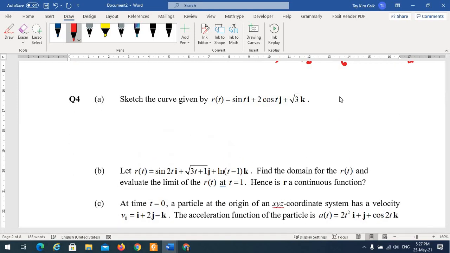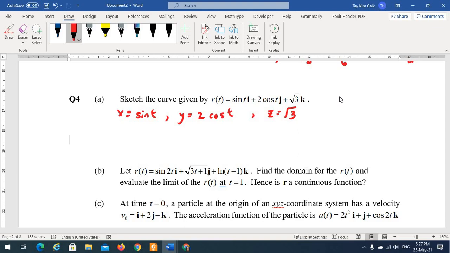To sketch the graph, I let the component i equal to x, component j equal to y, and component k equal to z. So x equal to sin t, y equal to 2 cos t, z equal to sec 3.